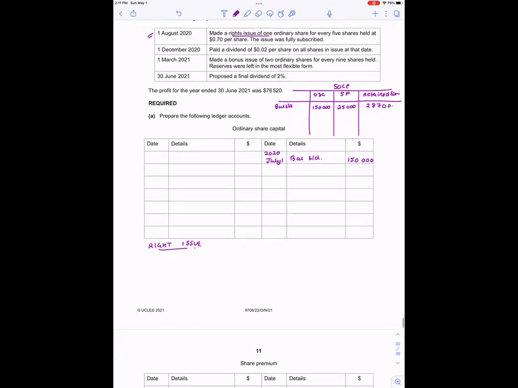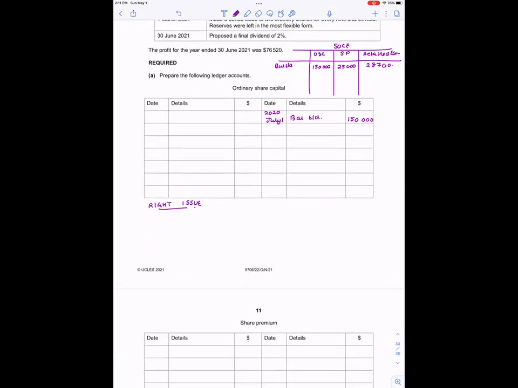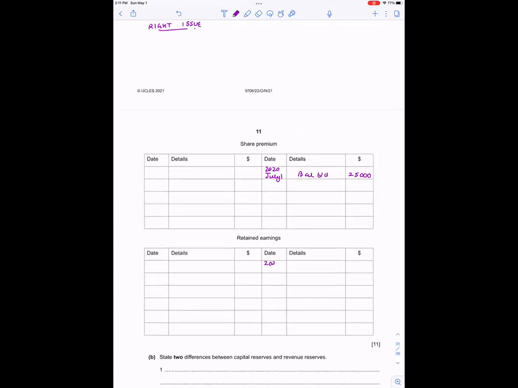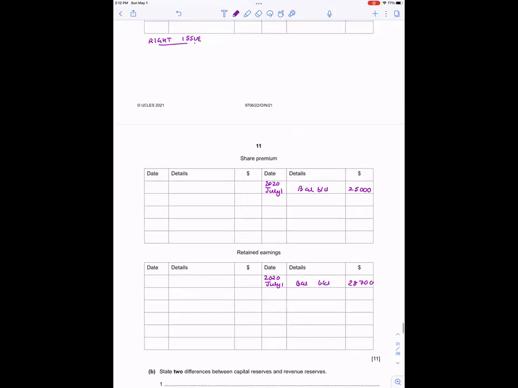Share premium also has a credit balance, so I will write my balance brought down for my share premium. Retained earnings also has a credit balance, so I'll write my balance brought down for the retained earnings. Any doubt with this?